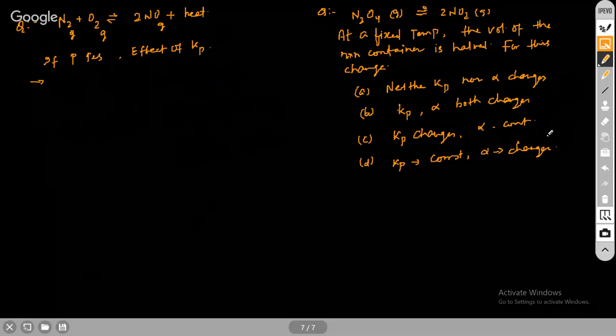Okay, so the first one is pretty clear: del Ng value is 0, so Kp will not have any effect, right? So that is no effect. Second one, you tell me, what is the answer?